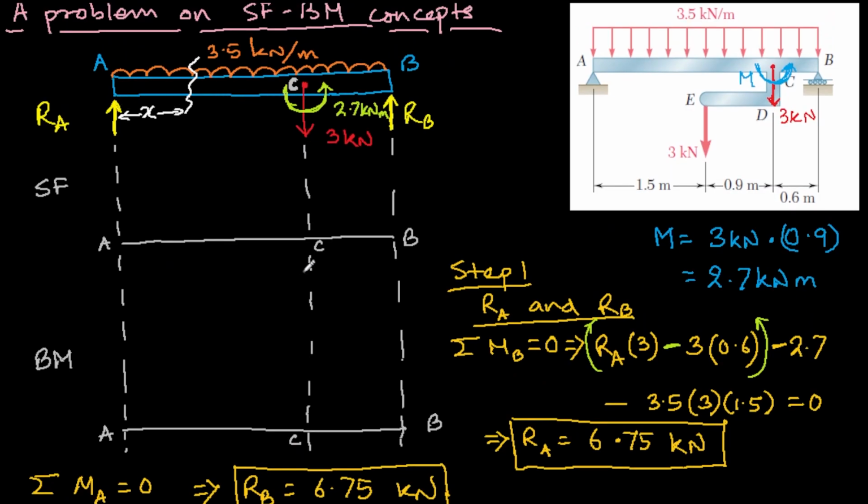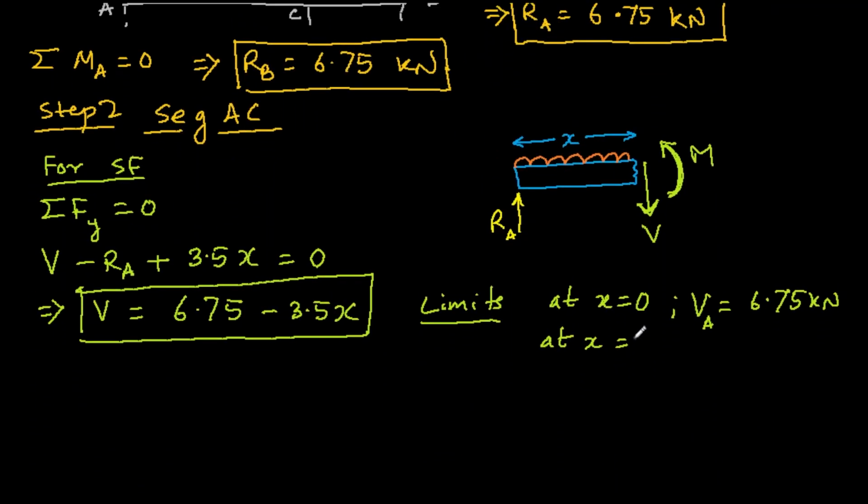This distance is 0.9 plus 1.5, so x equals 2.4. So V at C will become 6.75 minus 3.5 times 2.4, which implies VC is equal to minus 1.64 kilonewton.